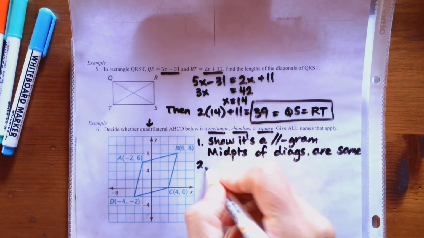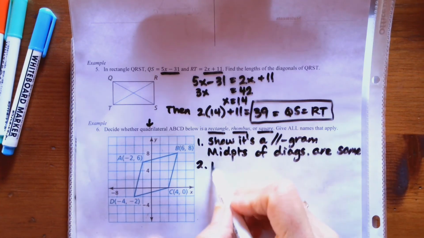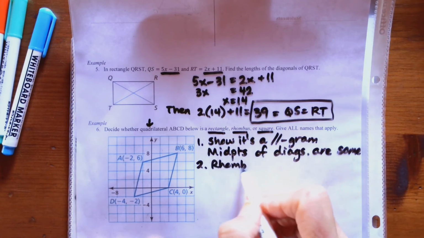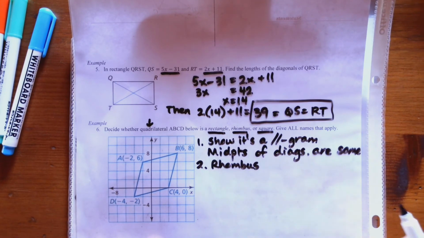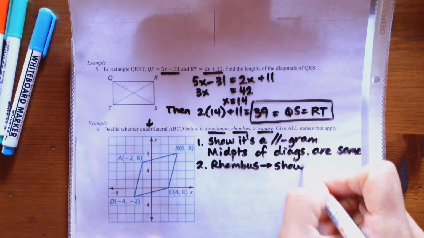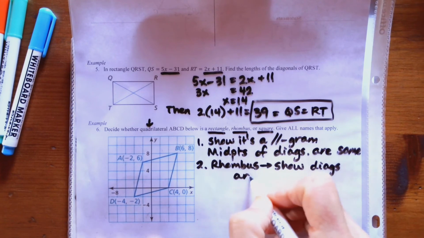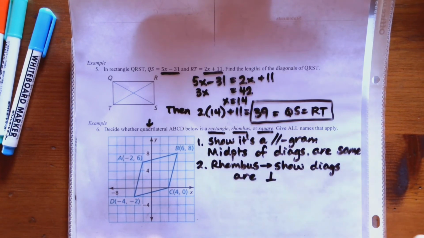Then second, once you know that it's a parallelogram, if you want to show that it's a rhombus, you could show that all four sides are congruent, but that takes the distance formula, and that's a little annoying because of the square roots and all that. Instead, you can use that theorem and just show that your diagonals are perpendicular.